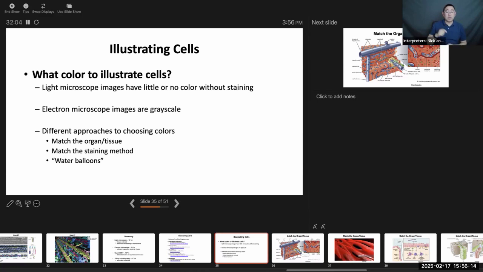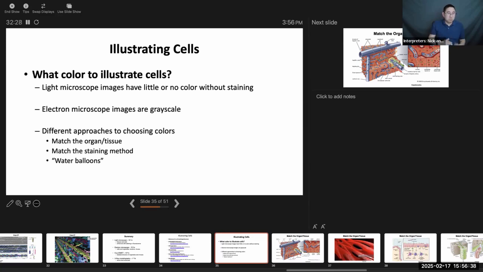Electron microscope images are all grayscale. Scanning electron micrographs, transmission electron micrographs, cryo-EM, cryo-ET, these are all grayscale. Now you can colorize them if you want, like Ted Kinsman did with his cannabis pictures, but the images themselves are all grayscale, so you don't really have any guidance about what to use for color.